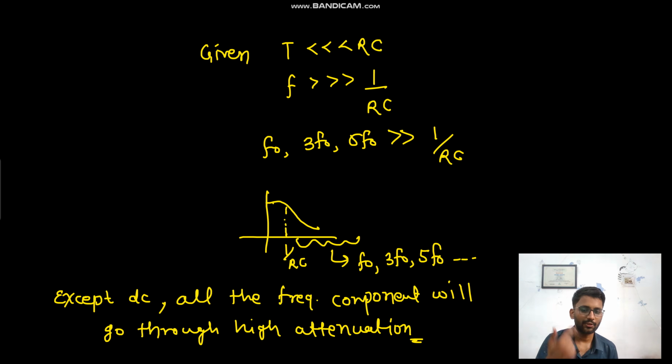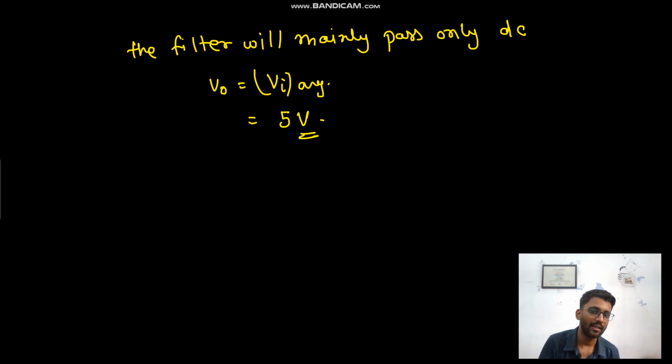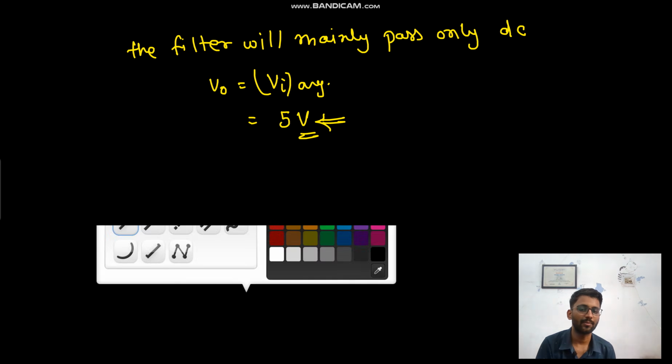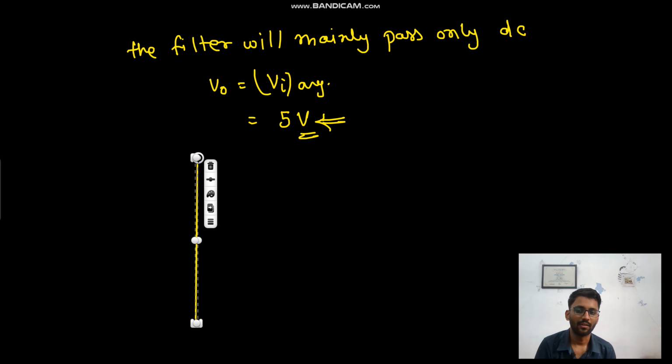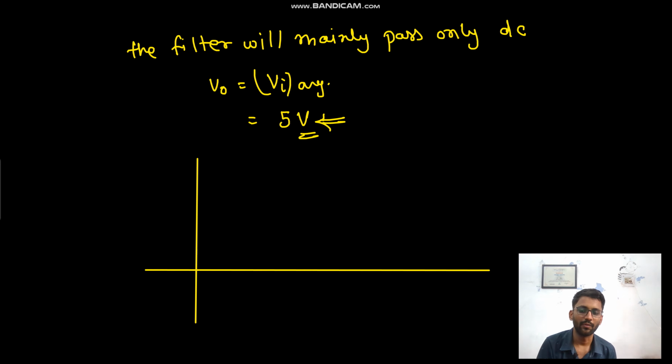But the rest of the frequency components will be passed, but with much more attenuation, right? They will be passed with much more attenuation, but they will be passed. So we will not have a complete 5 volt DC. We will have some attenuation. So your waveform will go like this, we will have some ripple.